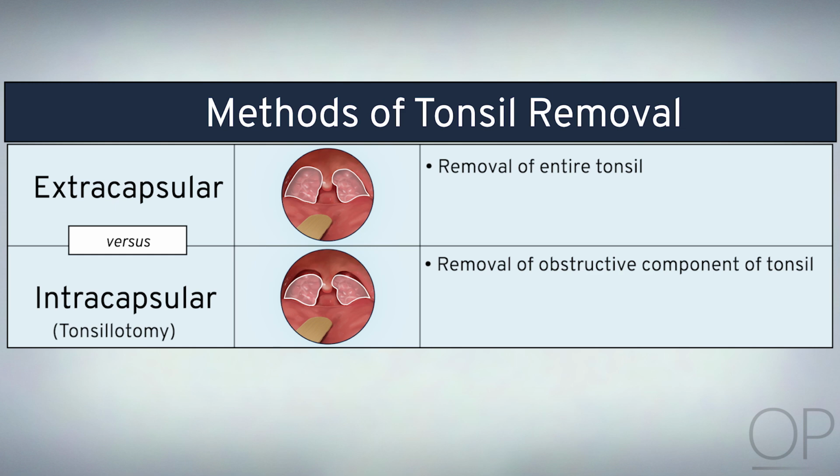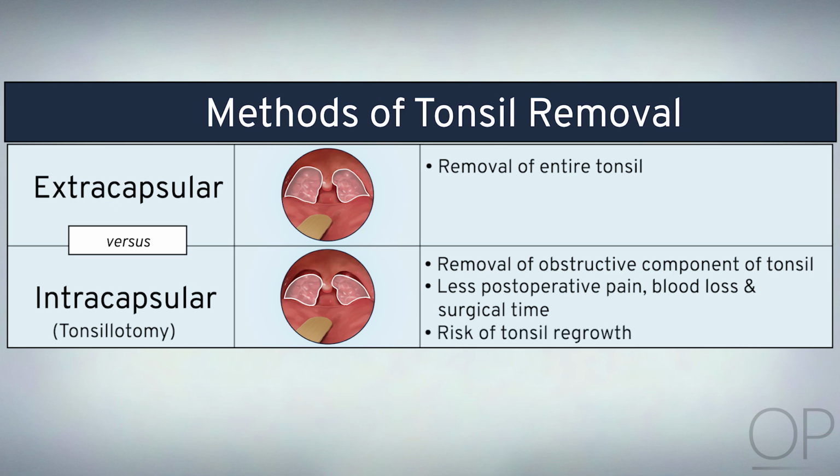The benefits of tonsillotomy include less postoperative pain, intraoperative blood loss, and surgical time. But there is a risk of tonsil regrowth with an estimated 1 to 2% of patients requiring a revision tonsillectomy. There is no single best operative method. Which technique is used depends on the surgeon's experience and comfort level.